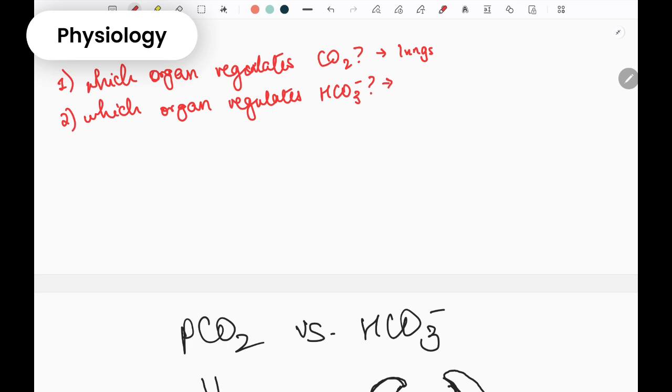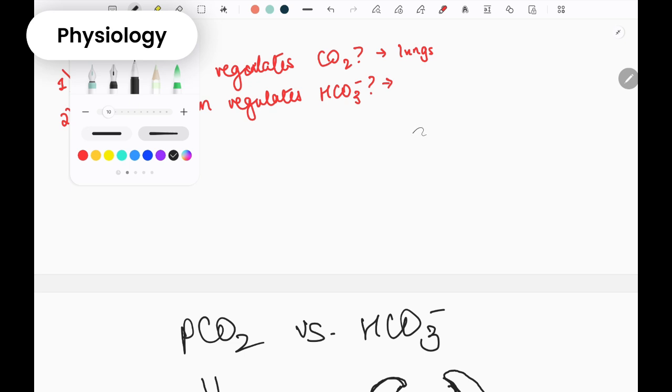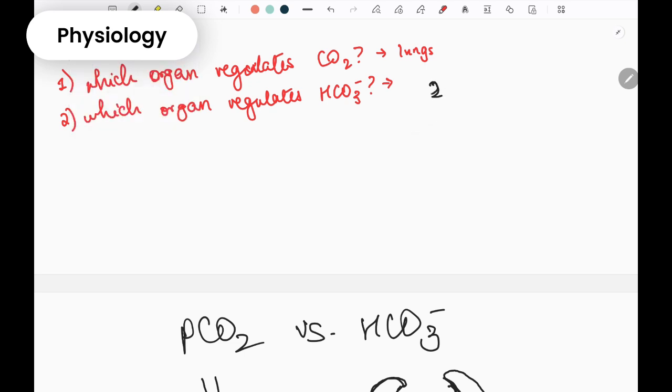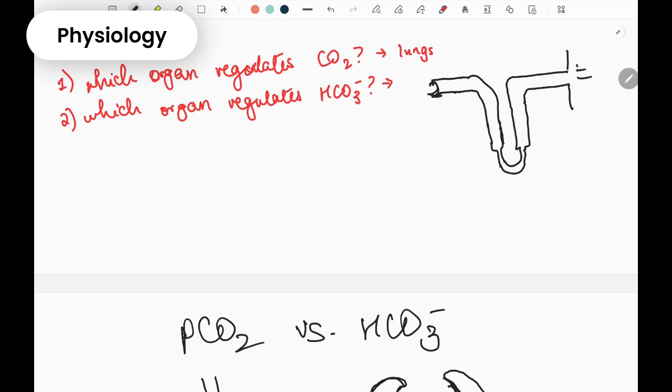Okay, what about the other one, HCO3? If you think back to your renal studies, what you might find is that in the proximal convoluted tubule, imagine that this is a nephron. We've got the glomerulus forming there, and then we've got our proximal convoluted tubule turning into the thin descending limb, loop of Henle, thick ascending limb, and distal tubule, and then the collecting ducts. Fantastic.